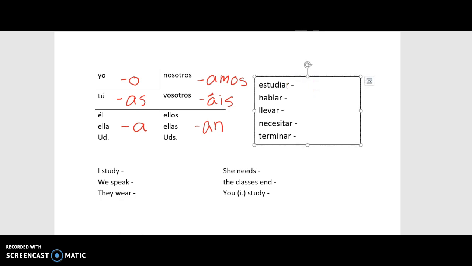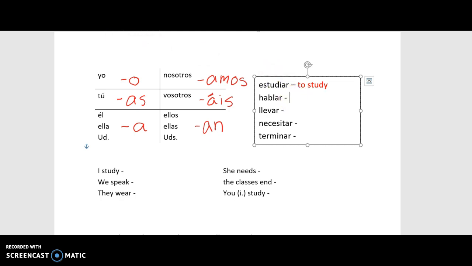We're going to go over here to our example verbs. Now, these are the verbs you're responsible for in this particular chapter, but this will work with any other regular old AR verb. Estudiar, making sure we know what they mean. Remember it? To study. Remember, we said it's to plus a verb. You can't just put study. That's not enough. It has to be to study.